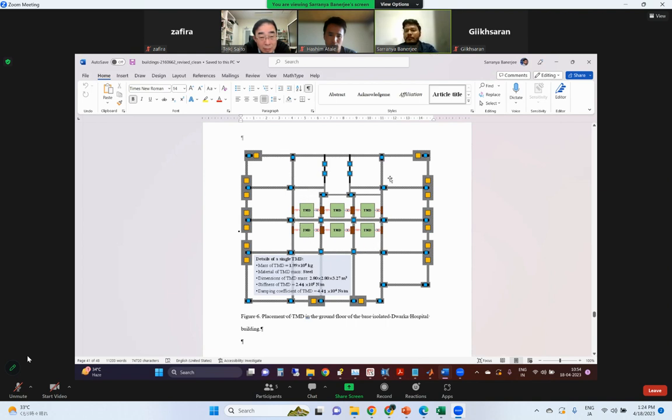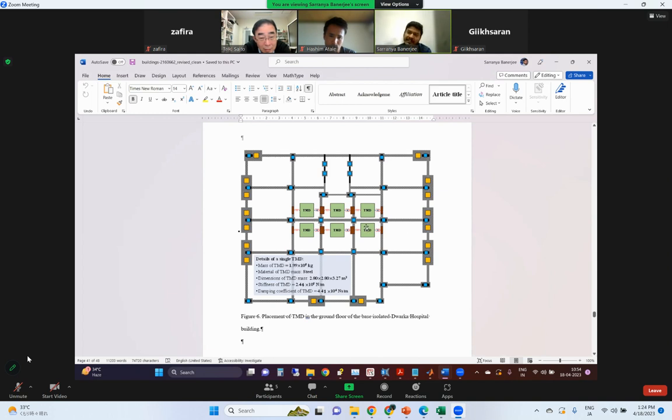This is the ground floor of the structure, where I found the dimensions of the TMD based on the available story height and counteracting the stroke length. That stroke length was not possible using a single TMD mass because there are columns in between.